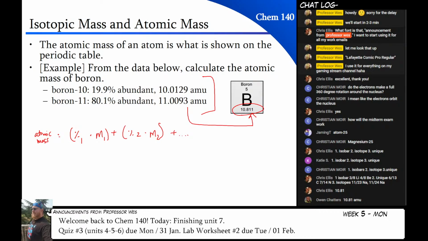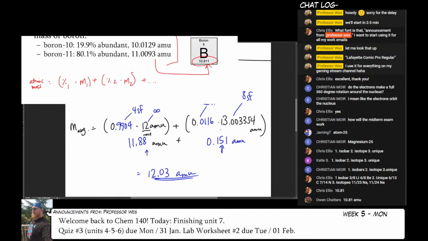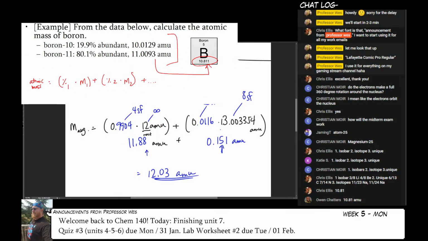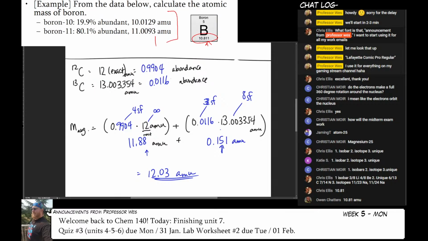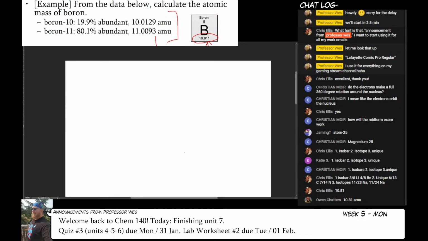All right, let's calculate this over here. So we'll need the data. All right. This data I thought I got from Wikipedia, but I know that it actually works out. All right, so we have all the abundance and percent data at the top there. Where is my pen? There it is.